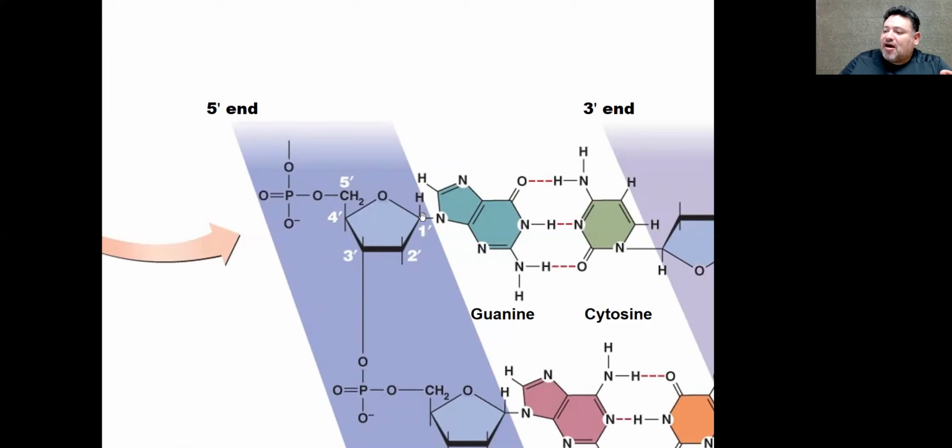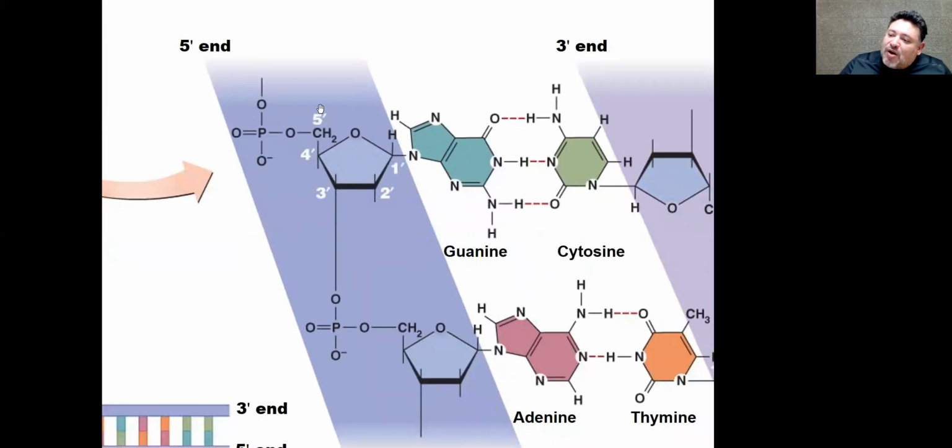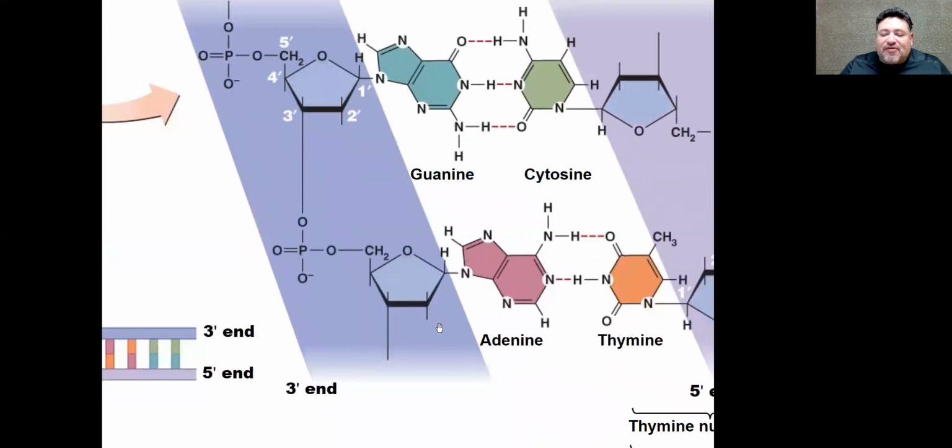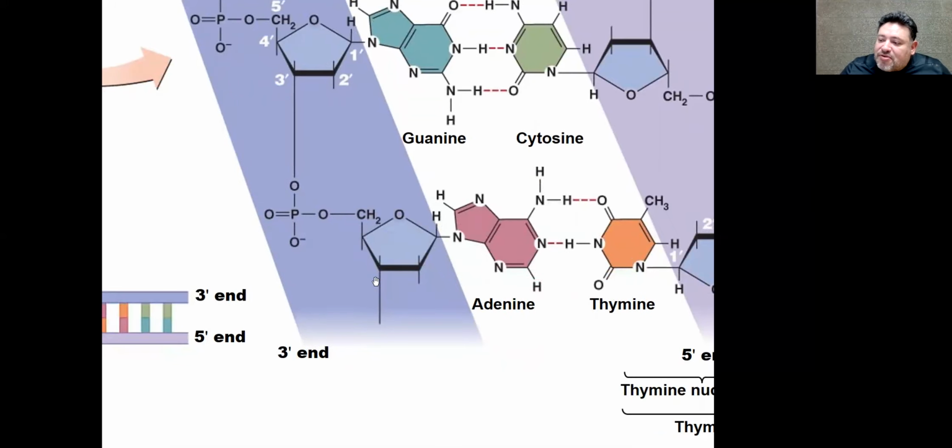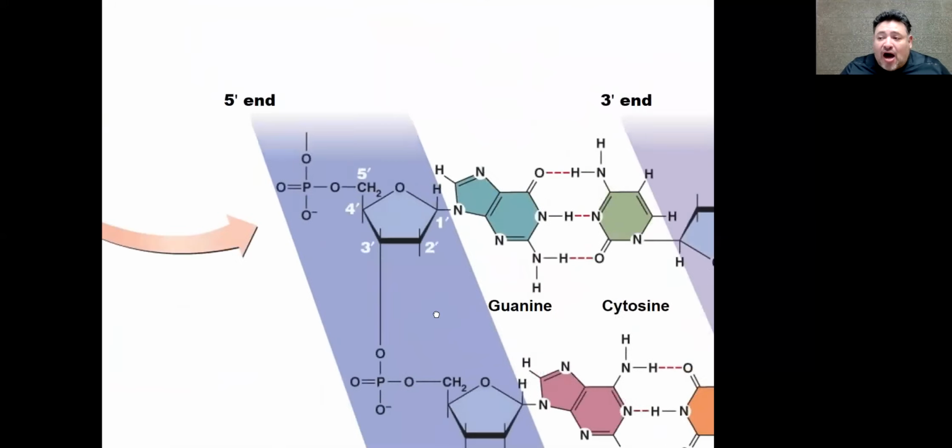Well, this sugar, the carbons of the sugar are counted 1, 2, 3, 4, and 5. And what you need to understand is that this is a language. So it's just like in English, when we write left to right and top down, because it's a language, in DNA, we always write in a 5' to 3' direction, which means that if we're going to add a nucleotide, we're always going to add it to carbon number 3 and not to carbon number 5.